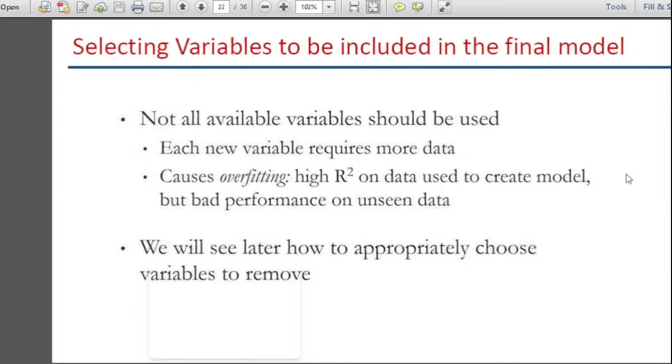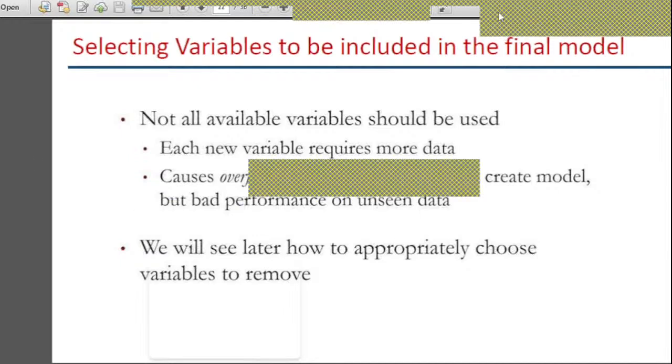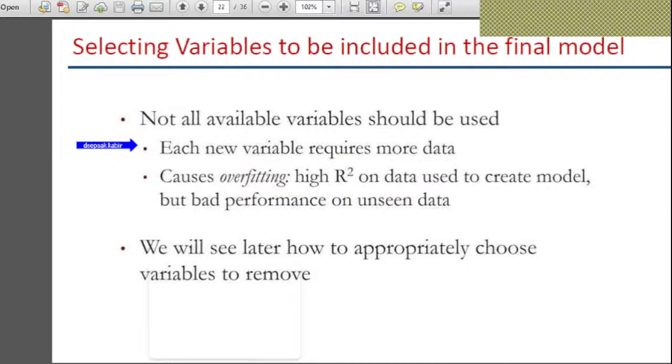They do not have any significant relationship with the dependent variable. So not all variables should be used. Why we should not use all variables, as we saw: first, each new variable requires more data. Second, now this is a very important point which we are going to learn.